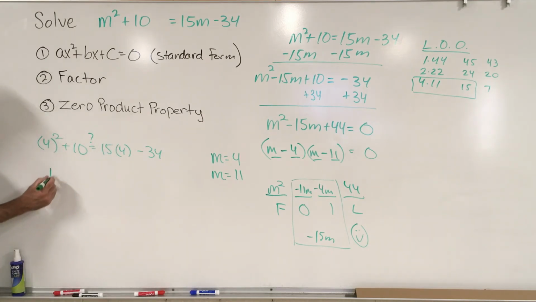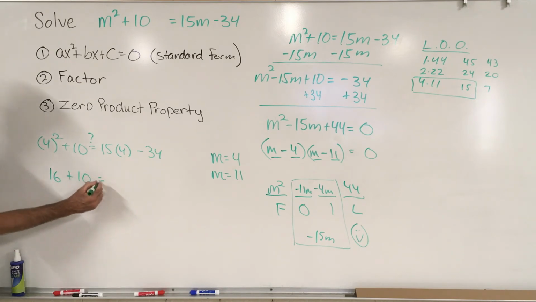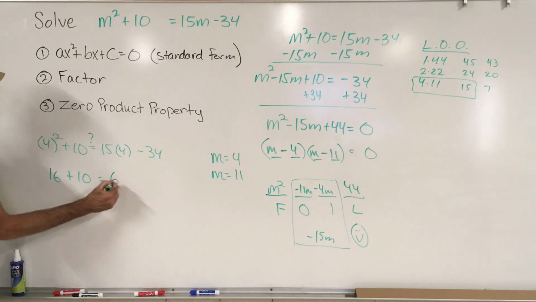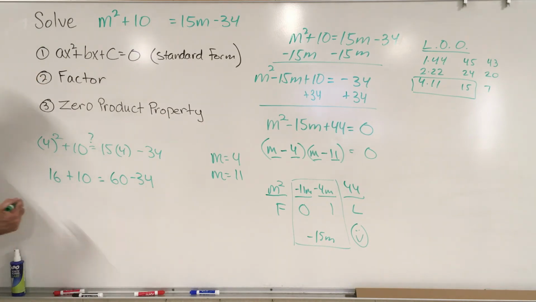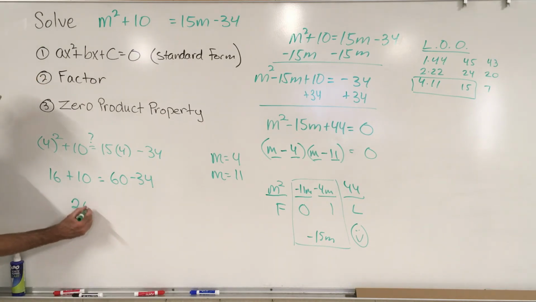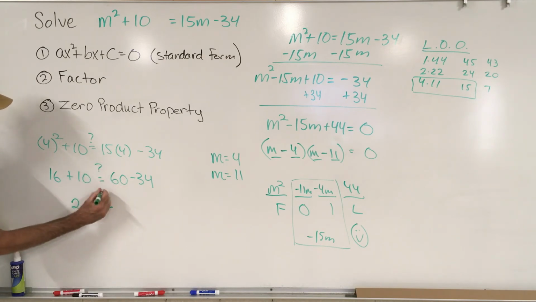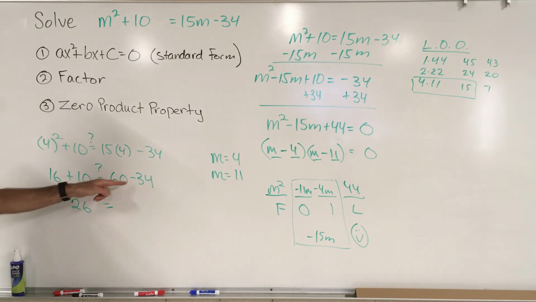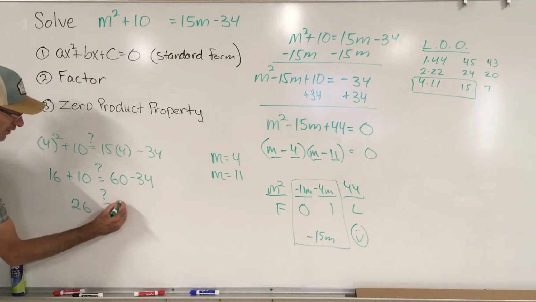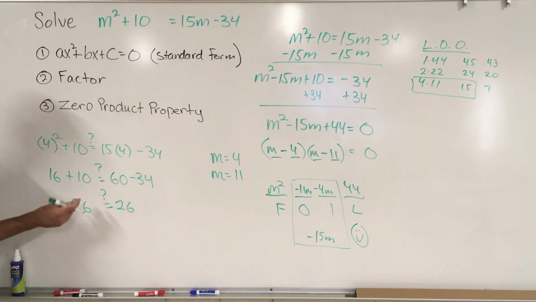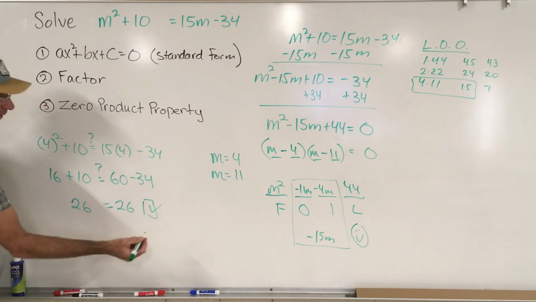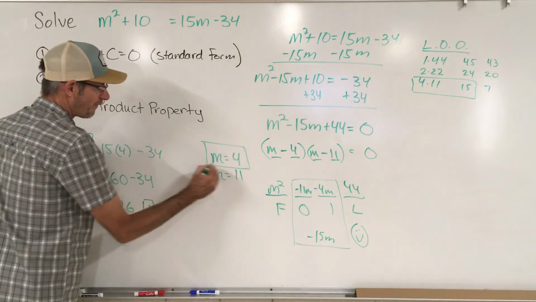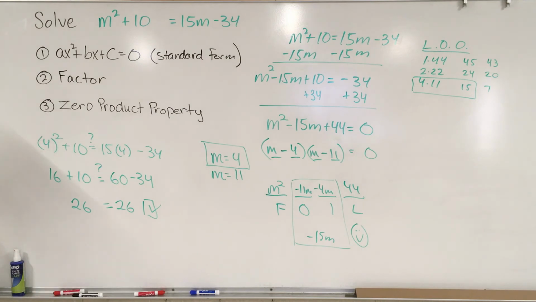So when I multiply that, 16, and when I multiply that, 60, so on this side, 16 plus 10 is 26. And on this side, 60 minus 34 is 26. So these actually are equal. So that checks out, and I know that 4 is definitely an answer.